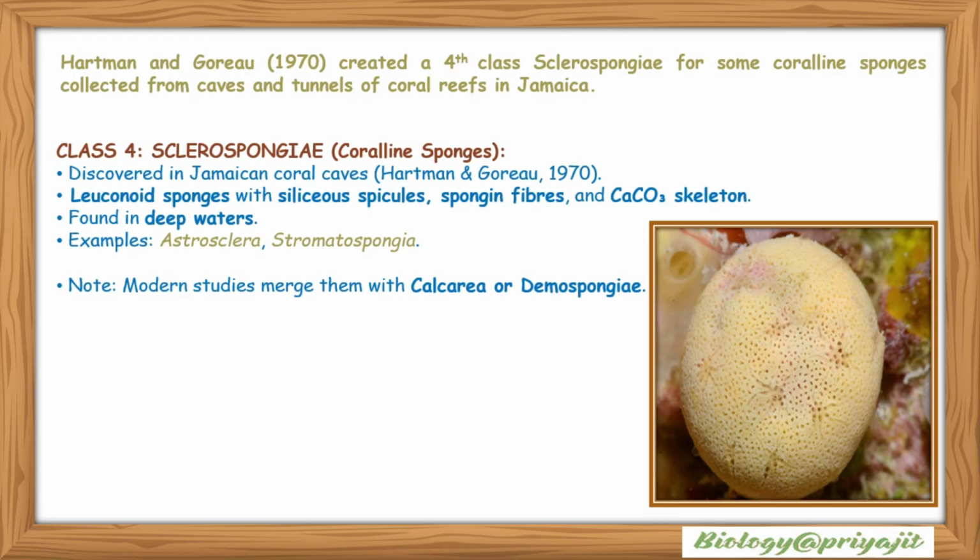So they have similarities with both Calcispongy and Hylospongy. They are basically found in deep waters. Examples include Astrosclera or Stromatospongia. Note that modern studies merge them with Calcarea or Demospongy, so they can be included under the Calcarea sponge or Demospongy group of sponges.